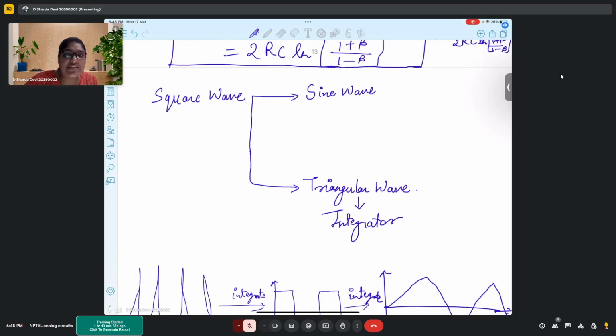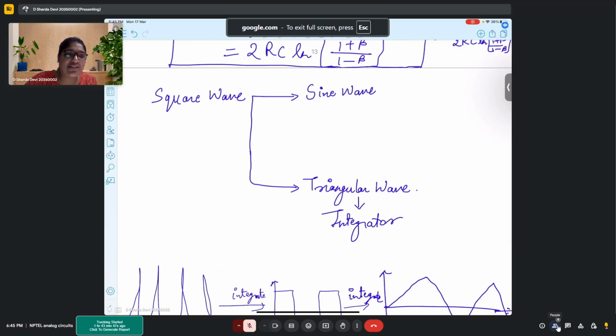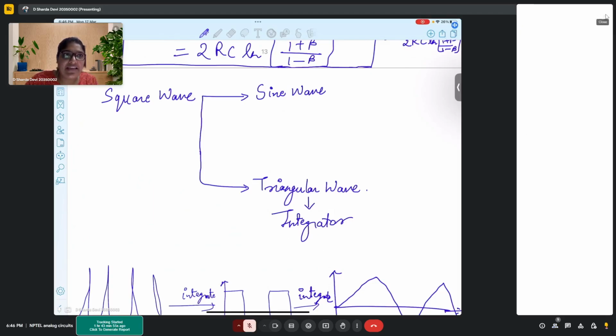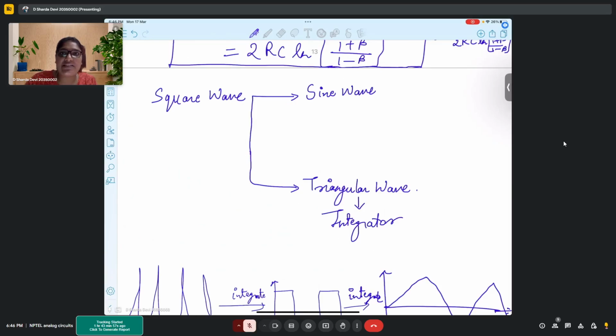Yes. By using a Schmitt trigger, you can get a square wave from a sine wave. But do you know any other way in which you can get a square wave from a sine wave? Do you people know any other way?